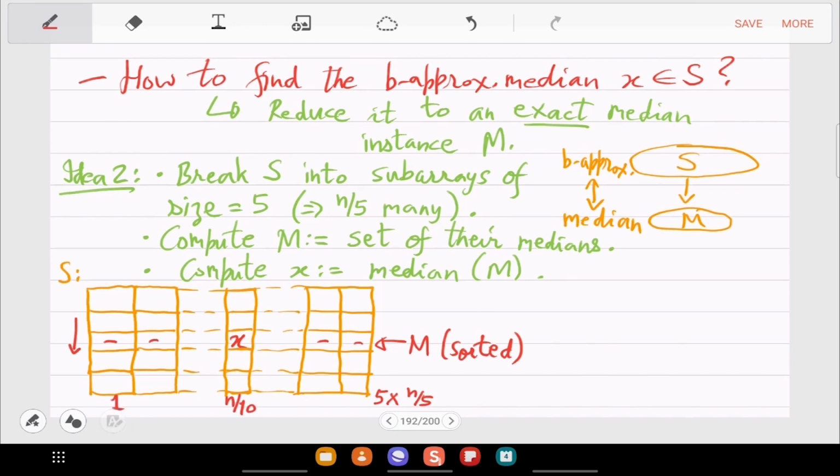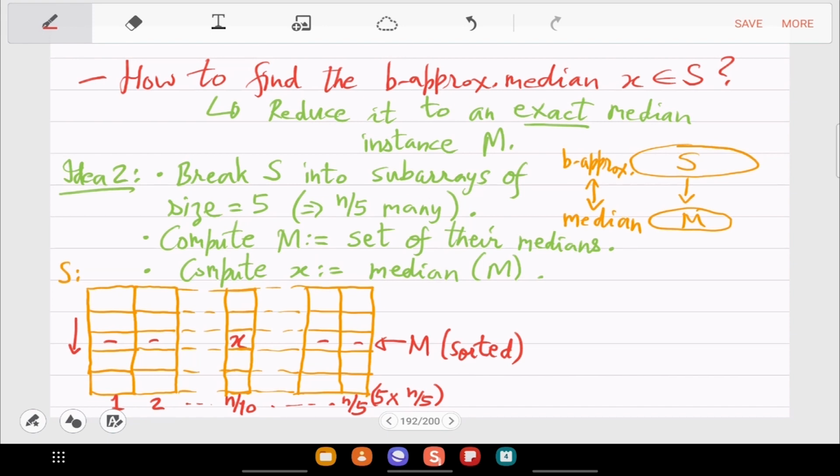This is the first column, second column, n by 10th column, and n by 5 column. So columns are numbered from 1 to n by 5, and the middle one is n by 10, where the median x of M sits. And this red part we are assuming sorted, increasing order.